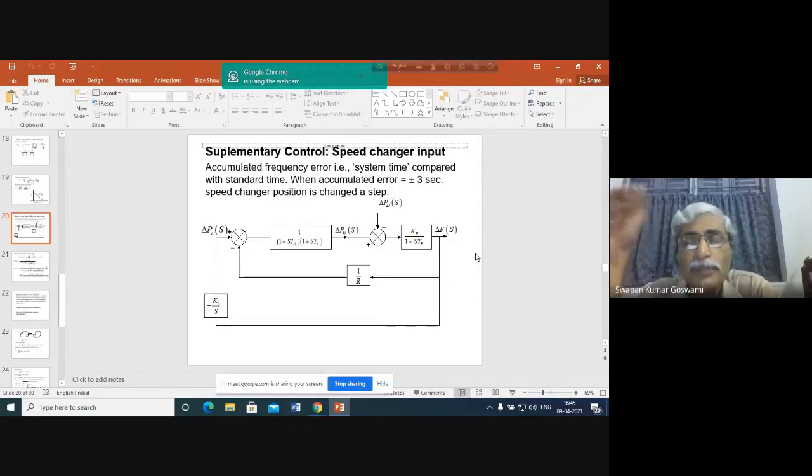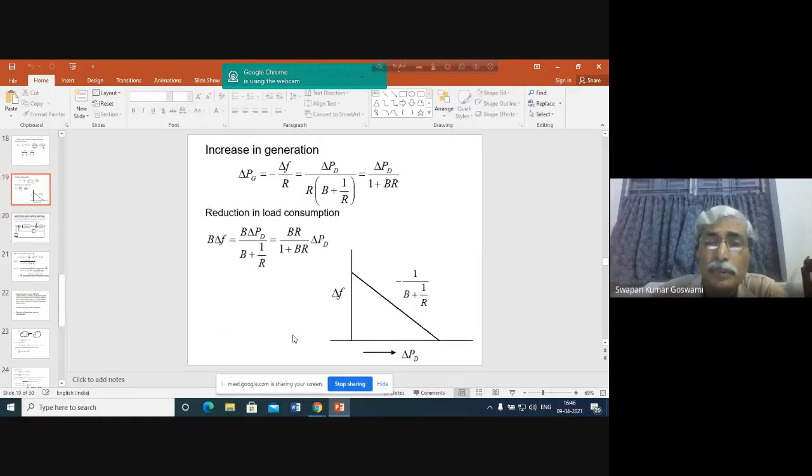When it is possible, if you give an input to the speed changer, and that input has to be following the integral control. Okay, so what does it mean? If the integral control is employed, say if this was the operating point and this was the load.